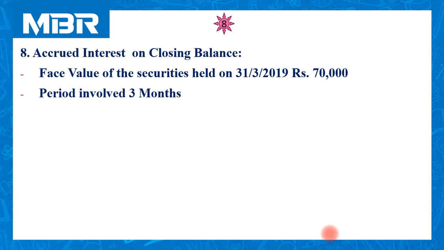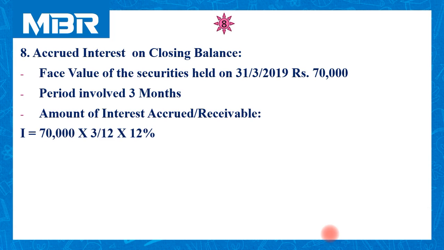So January, February and March, 3 months in full. So the amount of interest accrued on this security on the last day of the accounting year, I equals PRN upon 100. 70,000 principal amount, rate of interest 12% and period involved is 3 months. So 2,100. This amount of interest is not received on 31st March. It is receivable on 31st March.